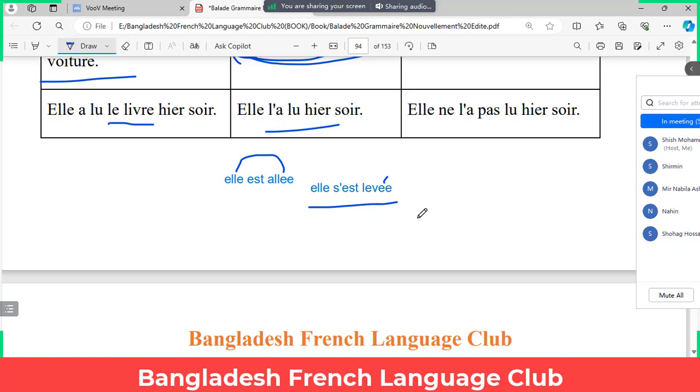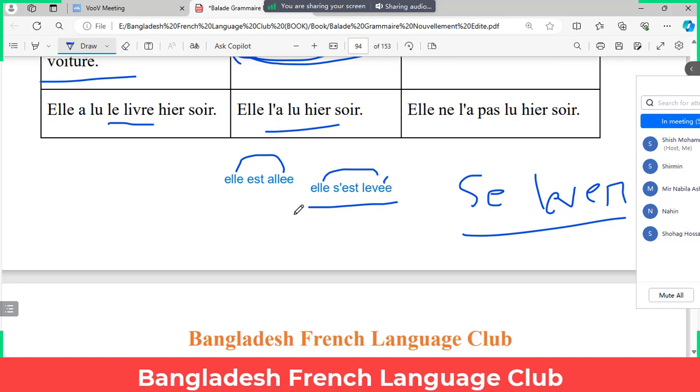So this is which verb? This is a pronominal verb, right? So se lève here. Can you recall? This is the pronominal verb, right? So if we make it passé composé, past tense, this verb is conjugated with the verb être, and the main verb must agree with the number and gender of the subject. Okay, for the pronominal one.